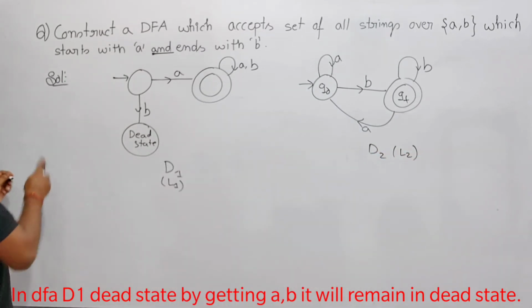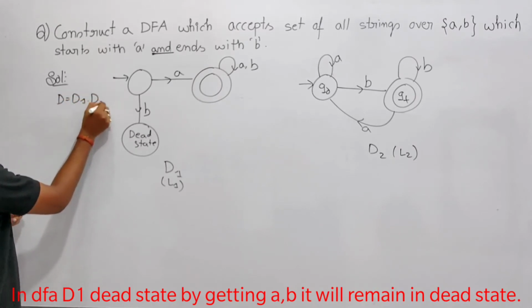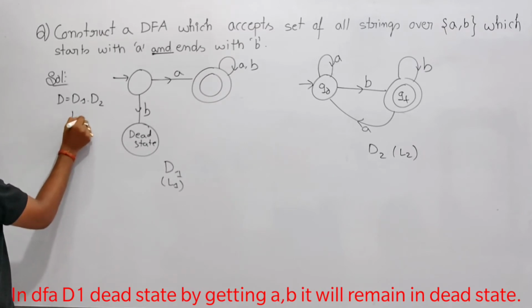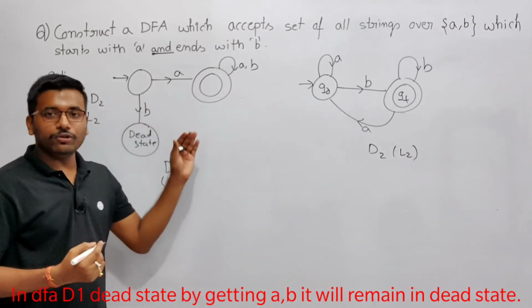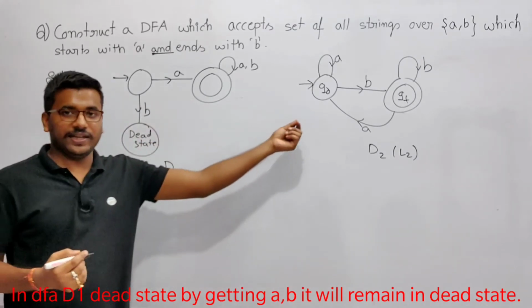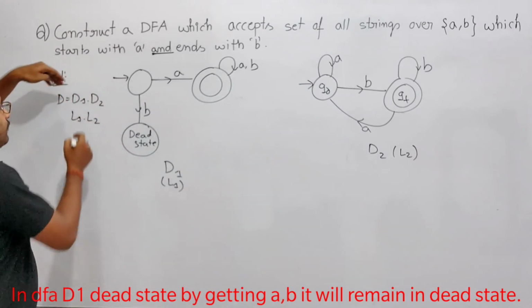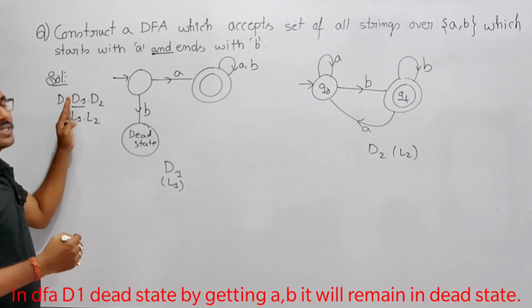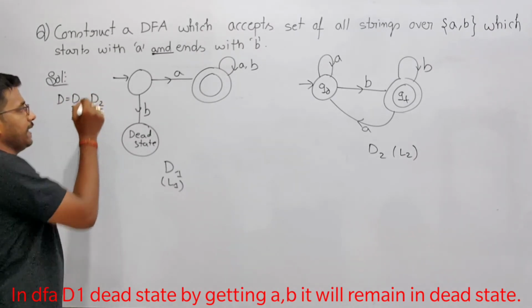Now we will do D1 dot D2, the concatenation of D1 and D2, for the language L1 dot L2. How to do it? We are going to merge the final state of D1 with the initial state of D2. Whichever FA is in the beginning, I am going to merge its final state with the initial state of the second FA.